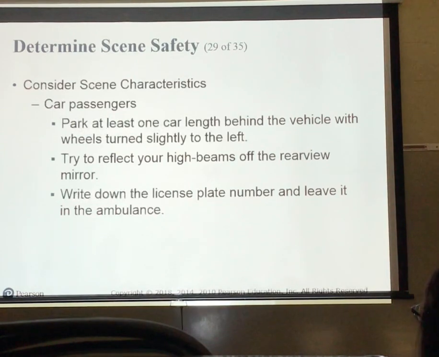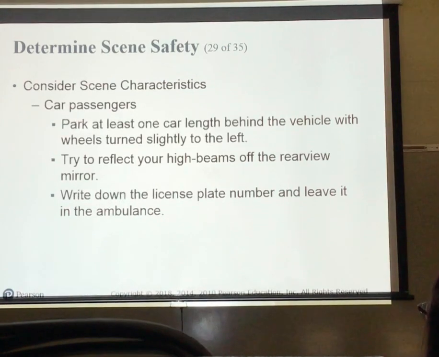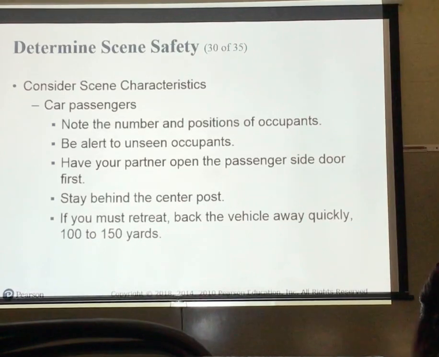Don't go any deeper into the shoulder of the road. Align your headlights in the middle of the trunk of the vehicle and turn them to high. Try to reflect your beams off the rearview mirror, eliminating the car's interior and making your approach more difficult for the occupants to see. Write down the license plate and leave it in the ambulance in case something happens.